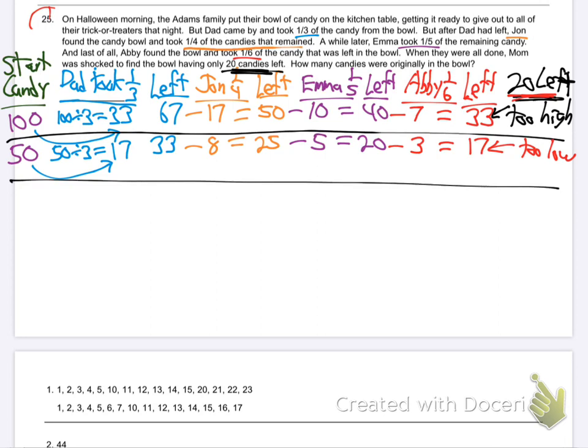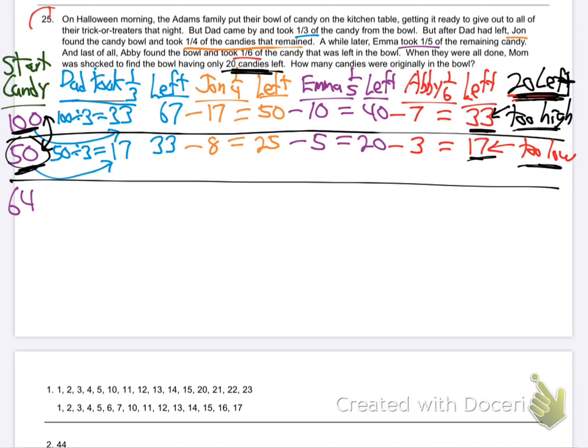So now we know the answer is somewhere between 50 and 100, because when I started with 100, 33 were left in the end, which is too high. It's supposed to be 20. When I started with 50, there were only 17 left in the end, which is too low. Looks like it's closer to 50 than 100. How about I do like 64?